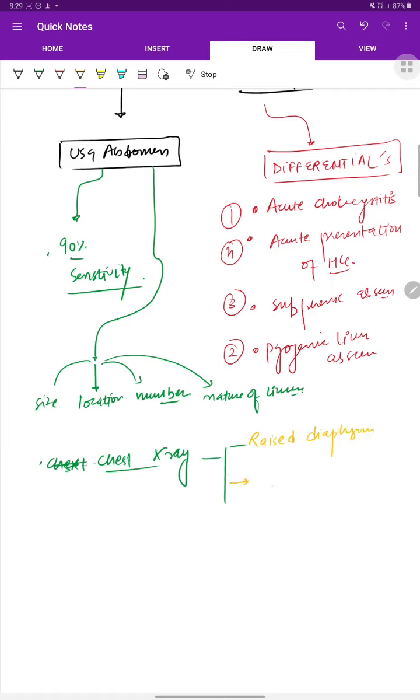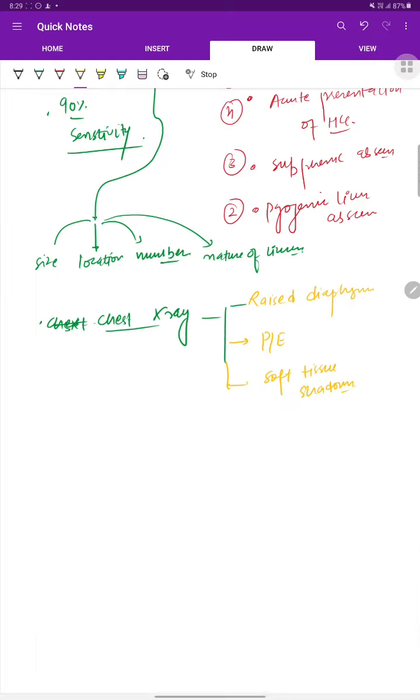There may be pleural effusion, as I told you it has more complications, and a soft tissue shadow may be there; rarely we can find it. Now the next step, if we are not satisfied with our ultrasound, as it is user dependent, we can move forward to a CT scan, but it doesn't make any difference in our diagnosis, as it has 95% sensitivity only.